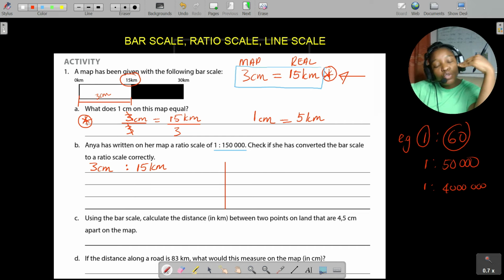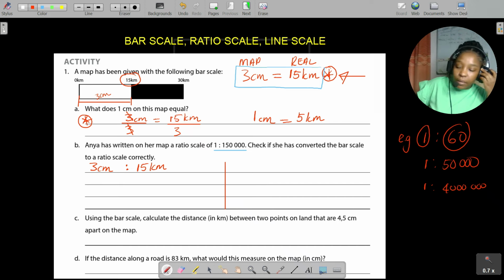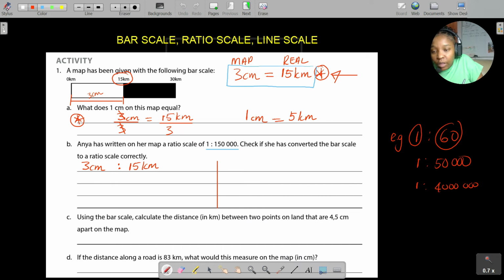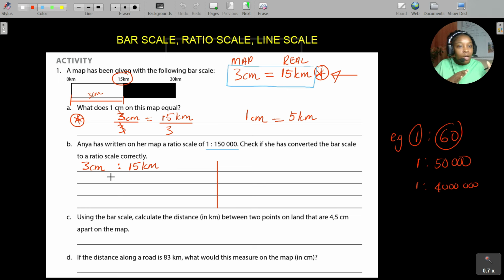If you want to convert this to be in the form of 1 is to something, all we need to do is divide both sides by a value that will allow us to cancel out the units and also cancel out the number. Here we've got a problem: centimeters on one side and kilometers on the other, so we can't cancel out the units.